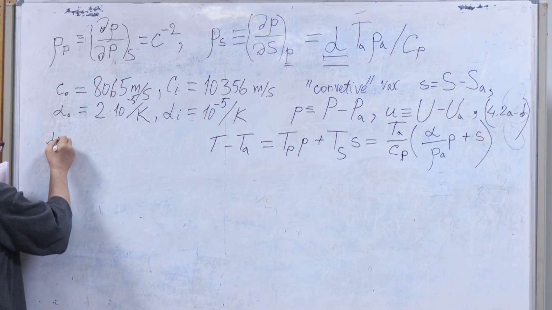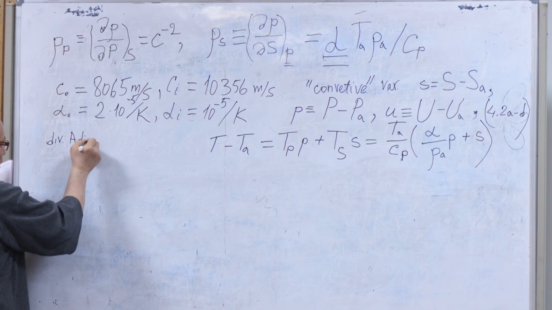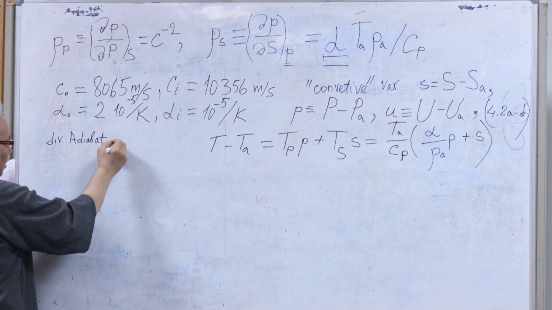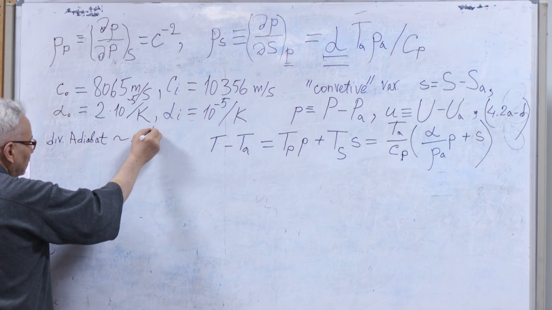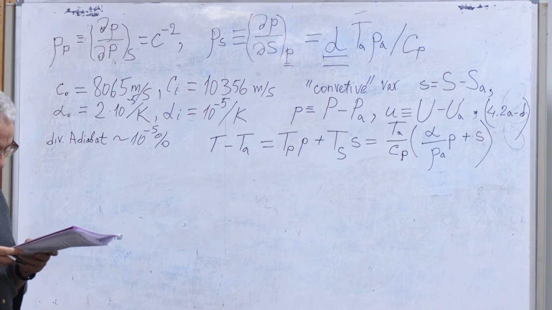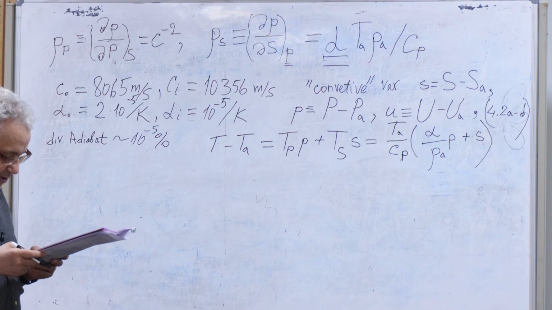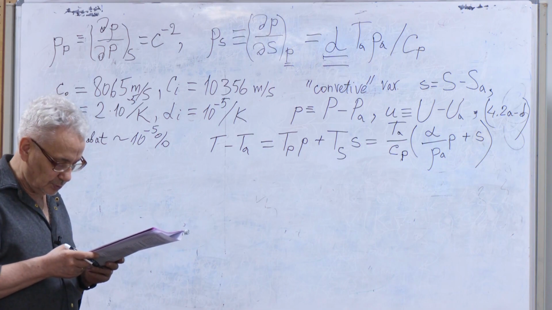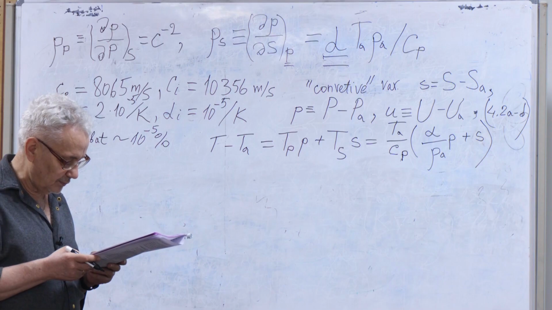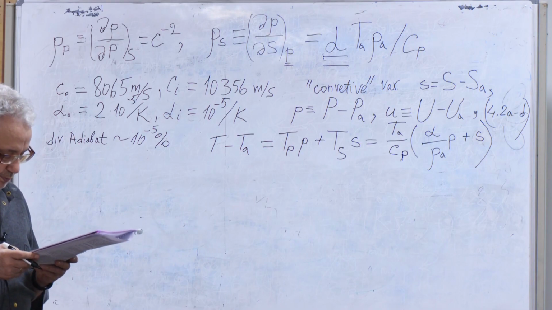The deviation from the adiabatic state is just 10 to minus 5%, so very small. So the accuracy of this approximation is really very good. It's less than 10 to minus 5% of the original variables in the liquid core of the Earth. Braginsky, Roberts, and myself, and also Jones, proved that.